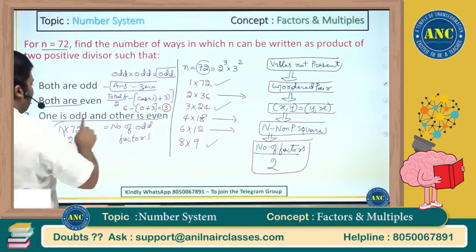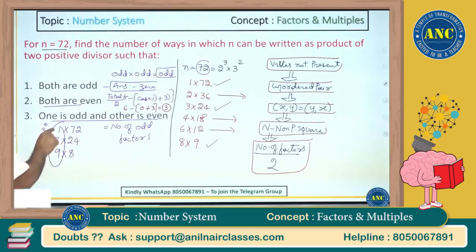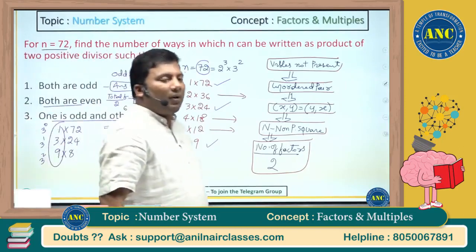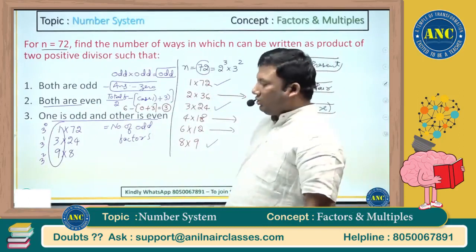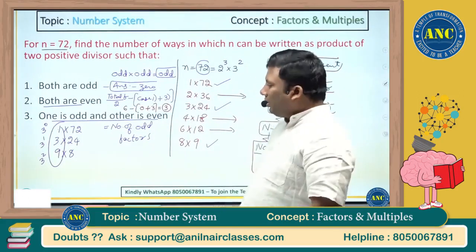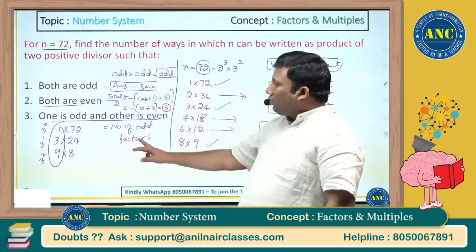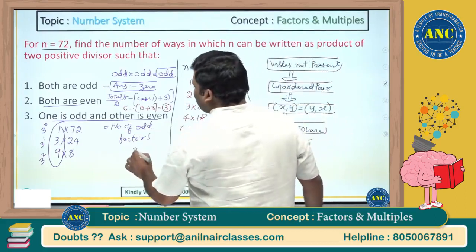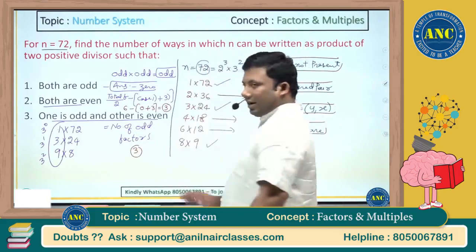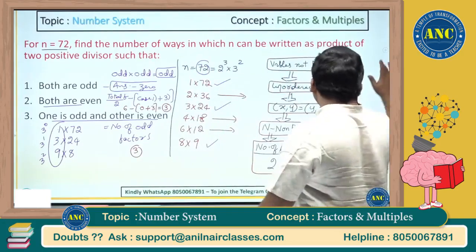One is odd, another is even: in one of the numbers I got 1, 3 and 9, which are the powers of 3, nothing but the odd factors of 72. 3 power 0, 3 power 1, 3 power 2. Total number of odd factors is 3. Idea clear? Easy question if you know.